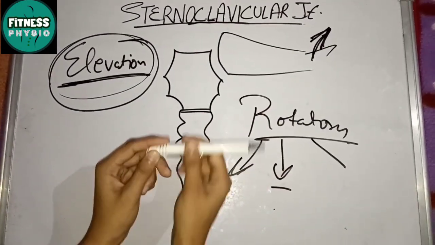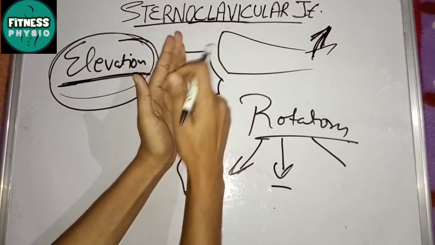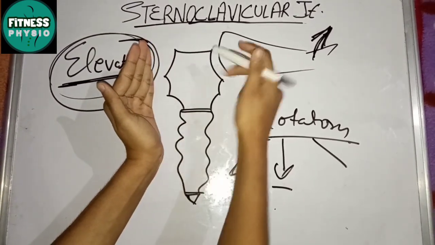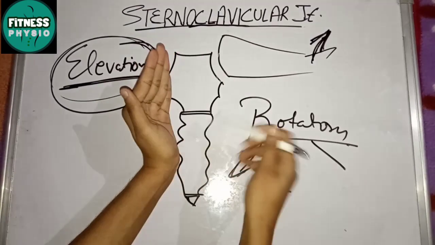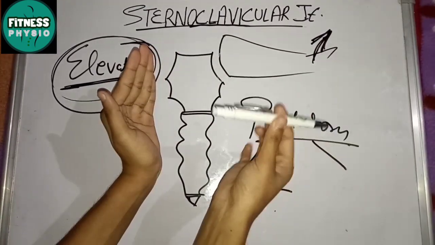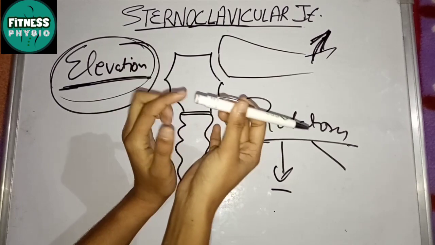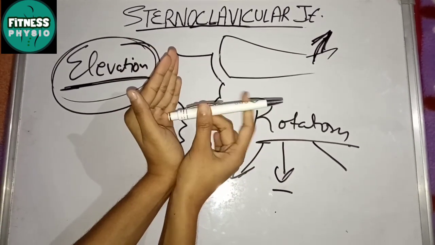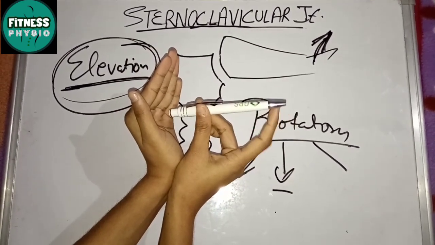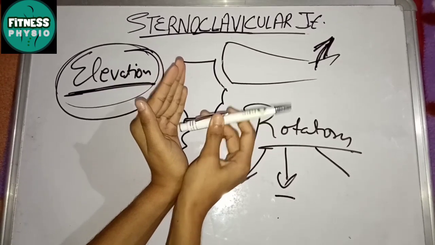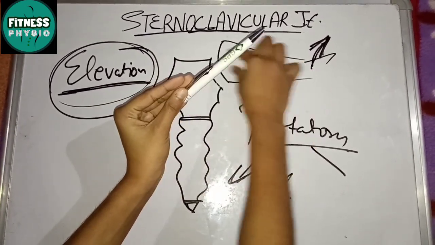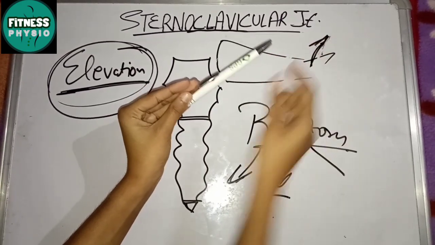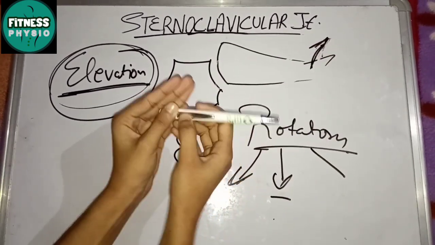Suppose this is your clavicle and this is your manubrium sterni, which is concave in structure. This is the medial end of your clavicle, and elevation happens at the lateral end. If it moves superiorly, this is elevation.